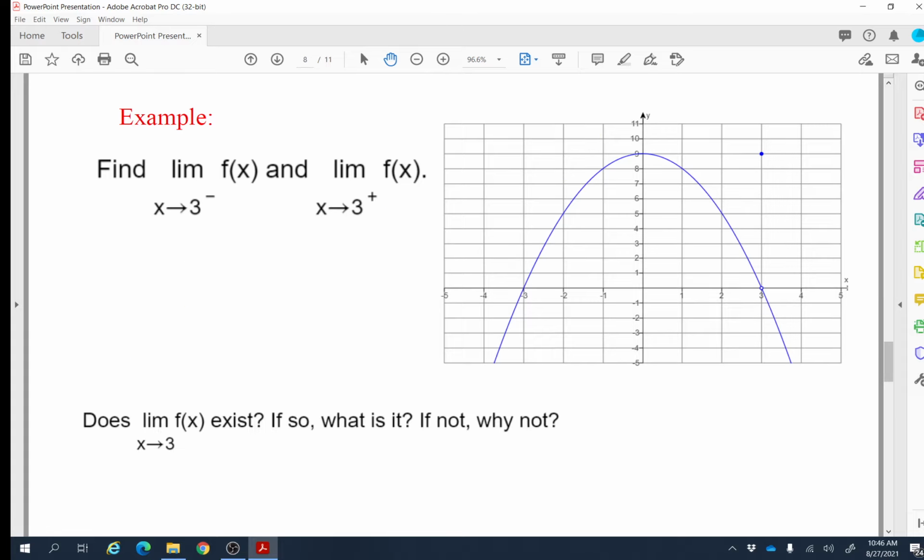So based on this information, now we can say that because the left hand limit and right hand limit are equal, the left hand limit of this function and the right hand limit of the same function when x approaches 3, both of them are equal, which is 0.